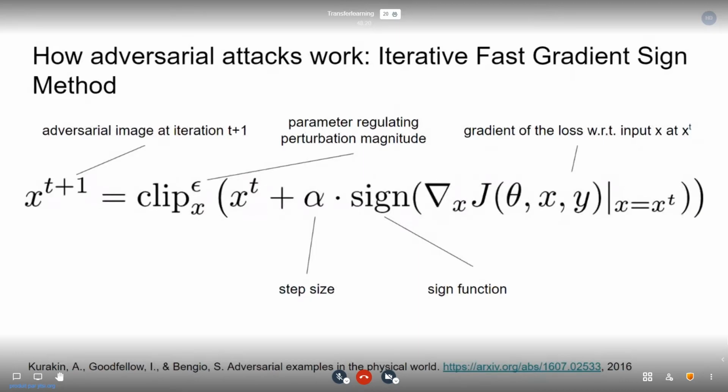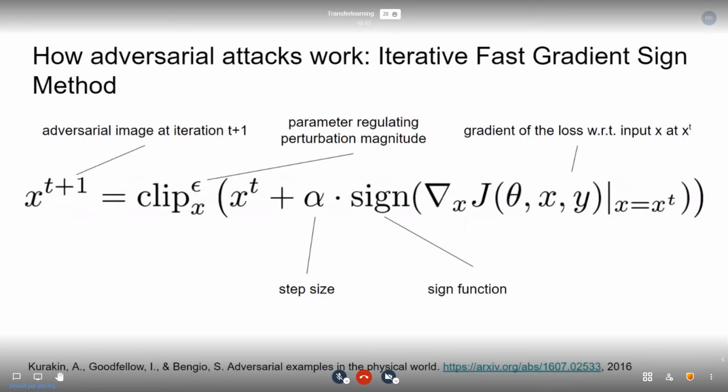And this procedure is very similar to how we optimize the weights of the network. We optimize during training the weights of the network so that we get specific predictions with respect to our training images. And this basically optimizes the input to the network so that we don't get a specific prediction.